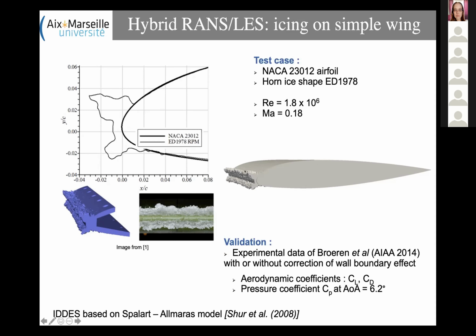This was done in Germany a few years ago, and we have some measurements with a Reynolds number equal to 1.8 million. It's still a subsonic case. And of course, you can see here that the geometry of the ice part is very, very complex.